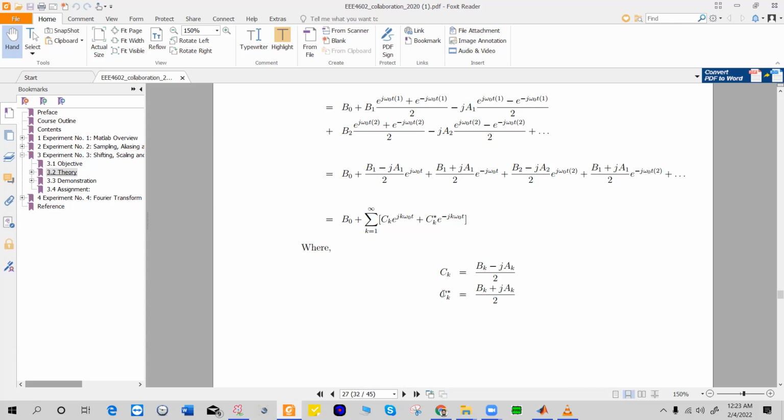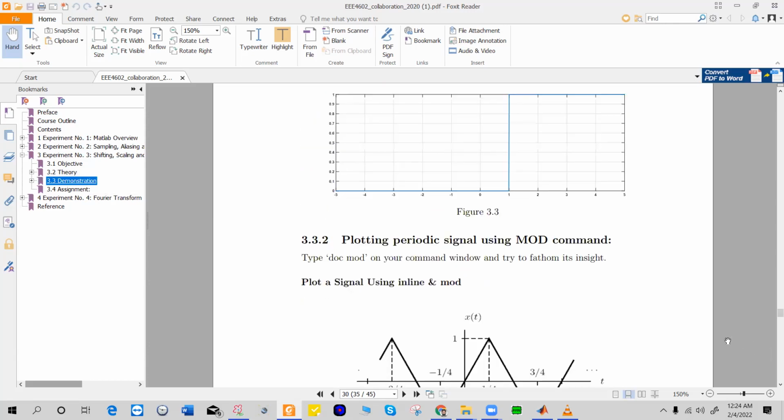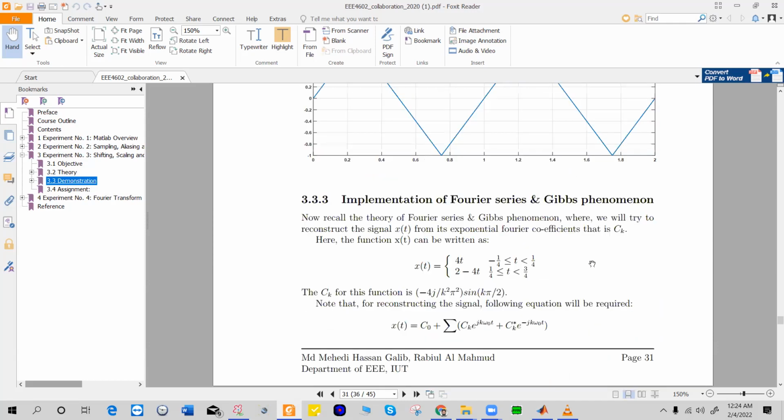Now in the question I am discussing, they have given us the time domain signal x of t, and also what c k should be if we want to find the Fourier series of this time domain signal. So we know x t is equal to c naught plus c k e to the power j k omega naught t plus c k conjugate e to the power minus j k omega naught t.